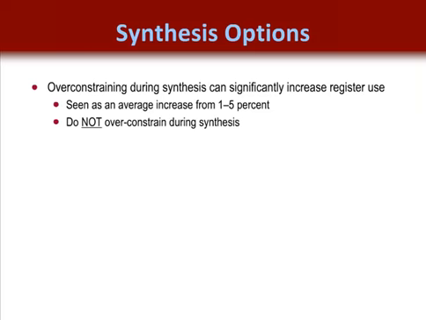Remember that unless you are operating at worst-case operating conditions, you already have some built-in slack. Over-constraining typically makes designs bigger and increases the number of registers used, since synthesis tools tend to replicate logic to decrease fan-out on timing-critical path nets. Typically, this increases register usage by 1 to 5%.